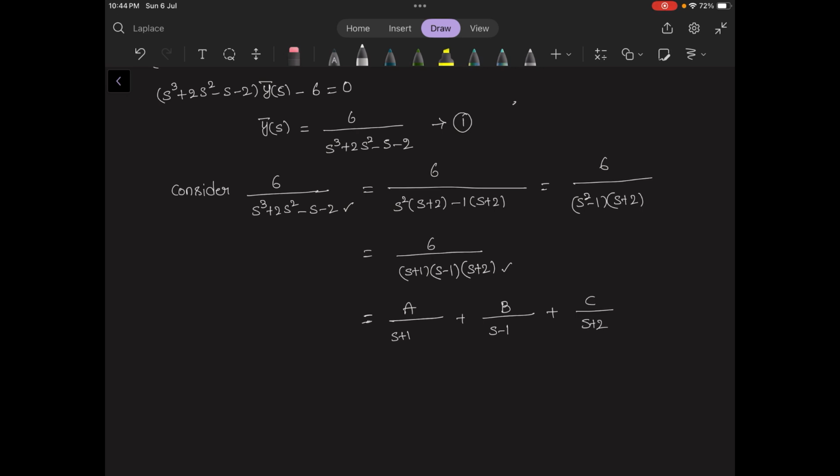So I can write this term like this. On the left hand side this will remain the same: s cube plus 2s square minus s minus 2.